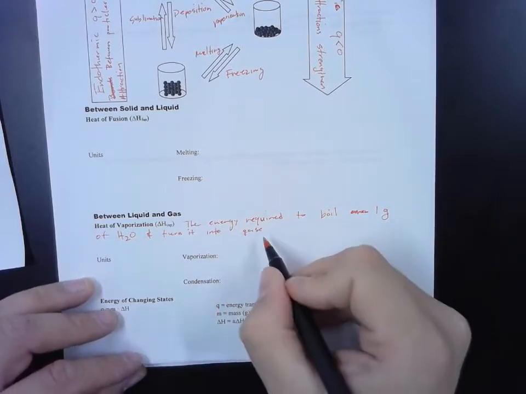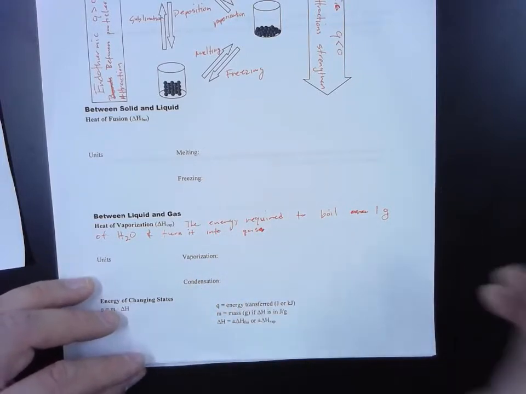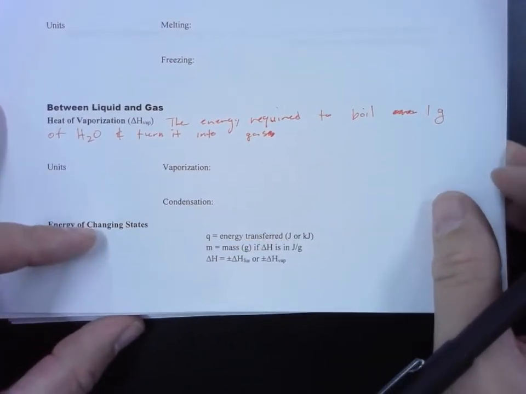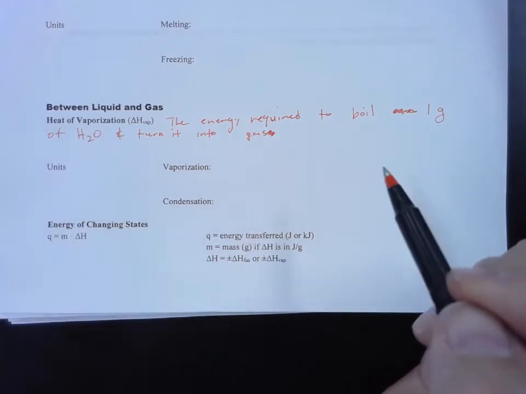So a gram of liquid water turned into a gram of gaseous water. That's all vaporization is. That's the heat of vaporization.